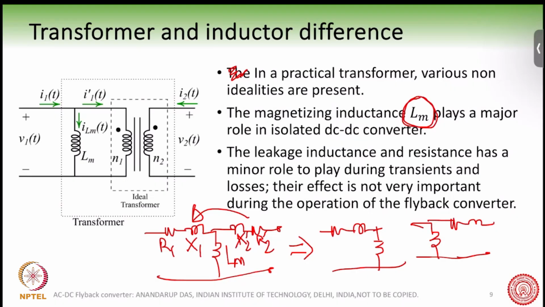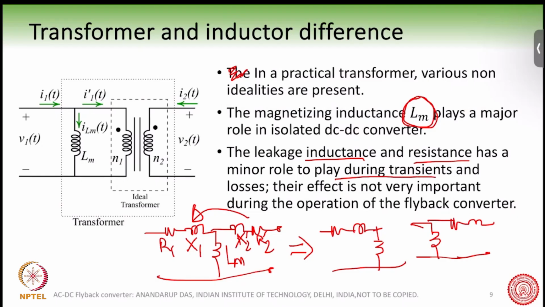Of course, there are leakage resistance and inductance, but their role is minor. They have a role to play, and at the end of this lecture I will show you one example of the role of the leakage, but it has a minor role to play during the transient.